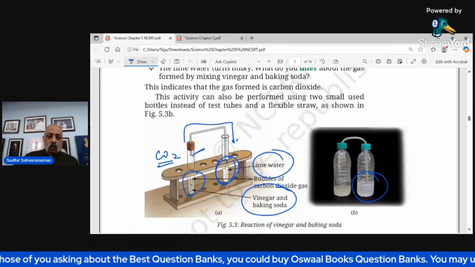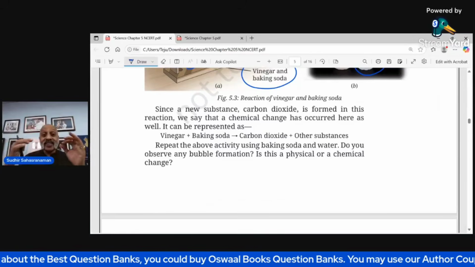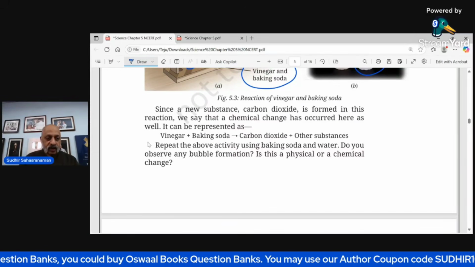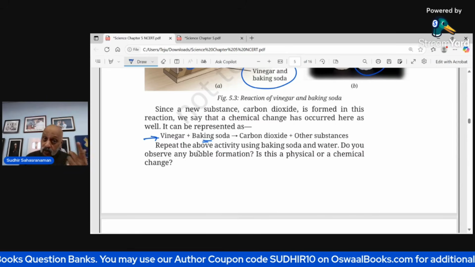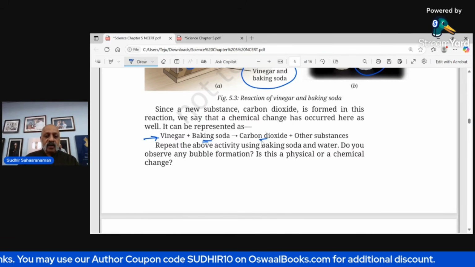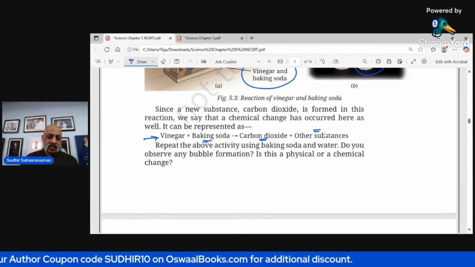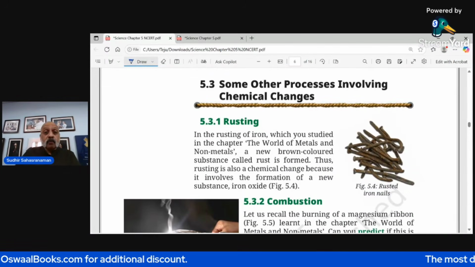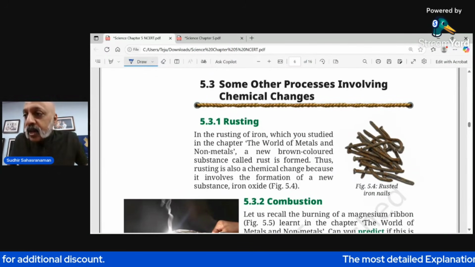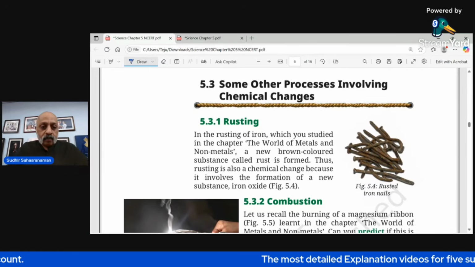So this is how the tests are done in the chemical laboratory. That is vinegar, which is used for cooking purposes also. Baking soda, again used for cooking purposes, releases carbon dioxide and other substances. Now, the third one is about rusting, about which we studied in the previous chapter. That is the metals and the non-metals chapter.